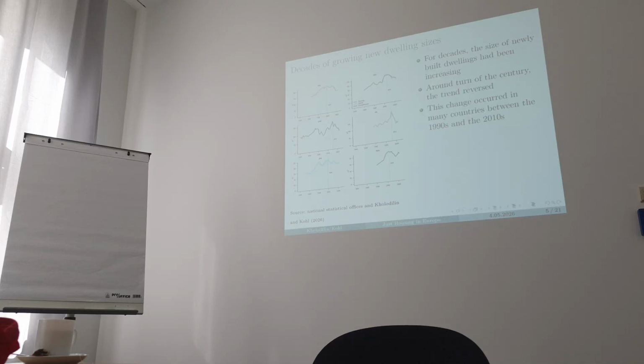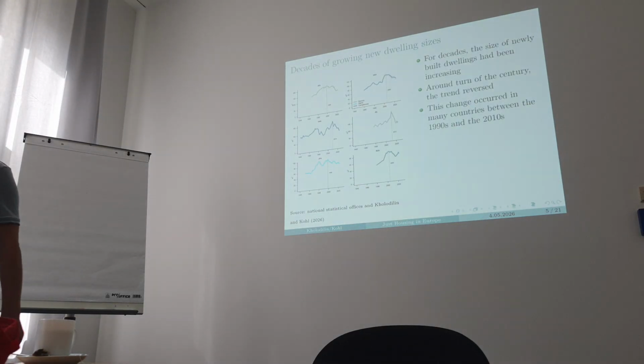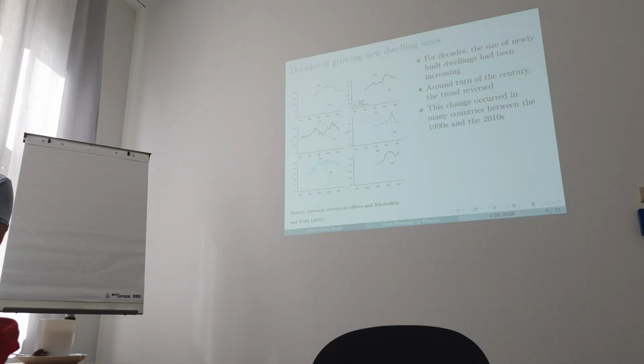Of course, completions take place later than building permits, and when we use building permits, we see the change in the trend a bit earlier. For example, here for Germany, it happened a couple of years earlier than the peak for completions was achieved. But anyway, we have here a change, a structural break, I would say, that will probably have implications for the nearest future of the housing market.